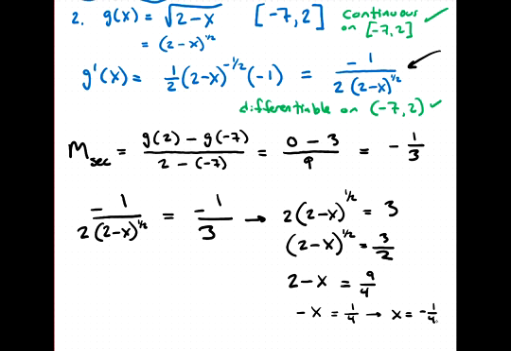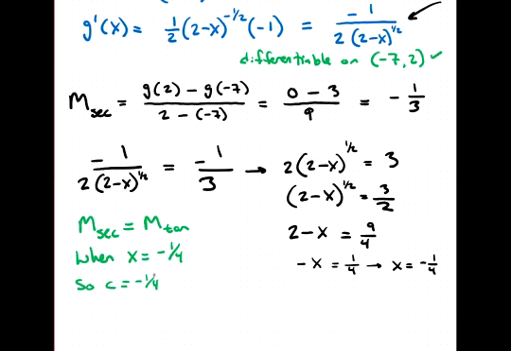So the slope of the secant line and the slope of the tangent line are both equal to negative 1/3 when x is equal to negative 1/4. So we'll say slope of the secant line equals slope of the tangent line when x is equal to negative 1/4, and that's our value of c. So c equals negative 1/4.